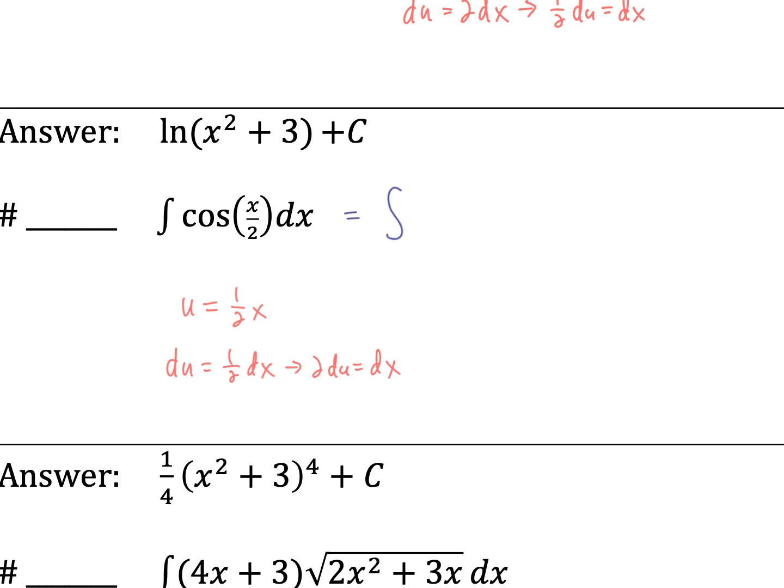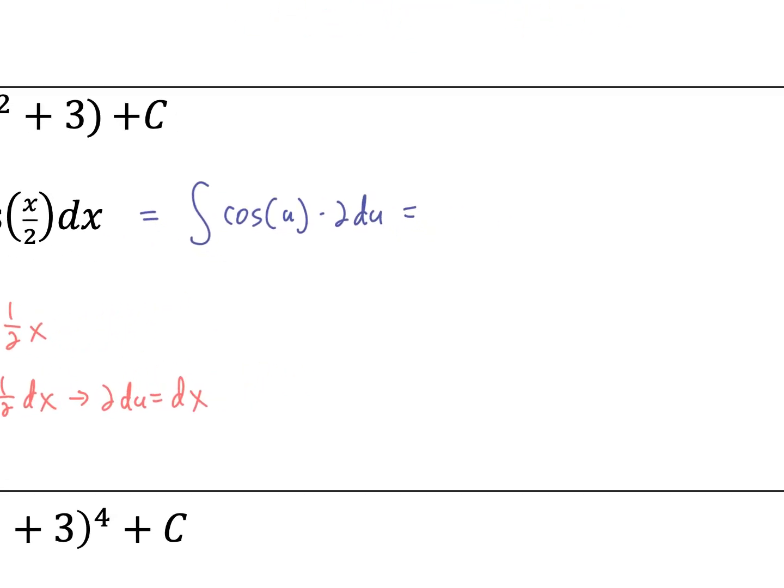Okay, so now we'll substitute cosine u times 2 du. Right, that became u, that became 2 du over here. Okay, again, with practice you'll pull the 2 out automatically instead of doing it in 2 steps like this, but we'll do it in 2 steps.